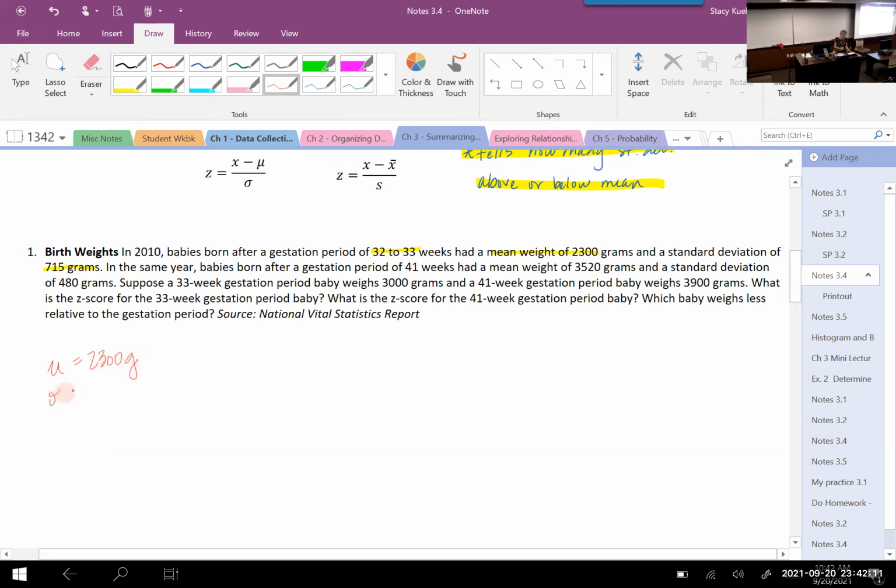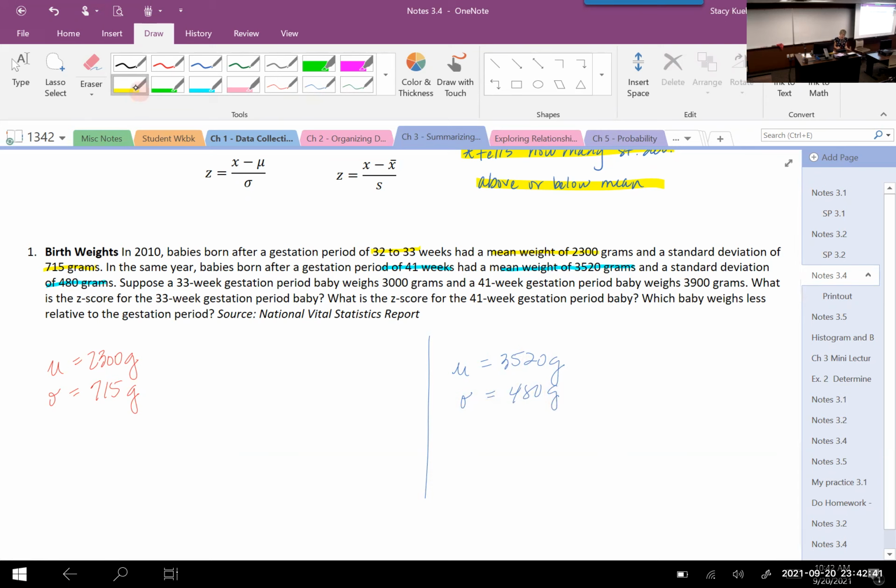I've got a standard deviation of 715. Okay, and then I've got my full term who have a mean weight of 3,520 and a standard deviation of 480. So I have full term 3,520 and a standard deviation of 480 grams.